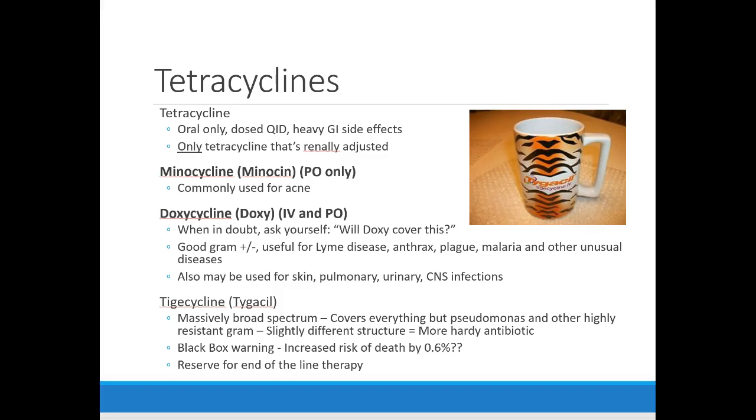As far as more conventional uses, skin and soft tissue infections, pulmonary, urinary, CNS infections, it's useful for all of those things. Doxycycline has MRSA coverage. It also has some really good general gram-negative coverage. It's a very versatile drug, certainly worth thinking about if it's going to cover what you need it to cover or not. Don't worry about tigecycline. It's not used very much anymore.